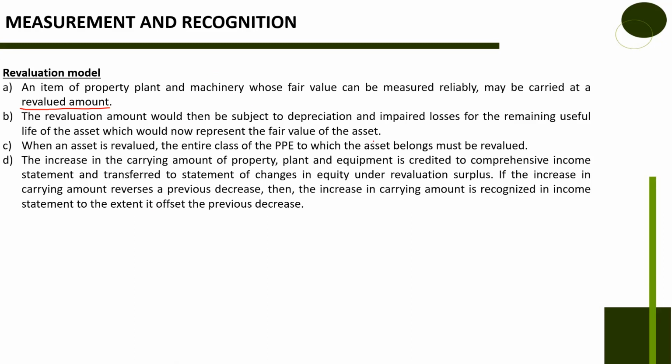What is it now in the market? Now, the revaluation amount would then be subject to depreciation and impairment losses for the remaining useful life of the asset, which will now represent the fair value of the asset. So let me bring out my Excel.